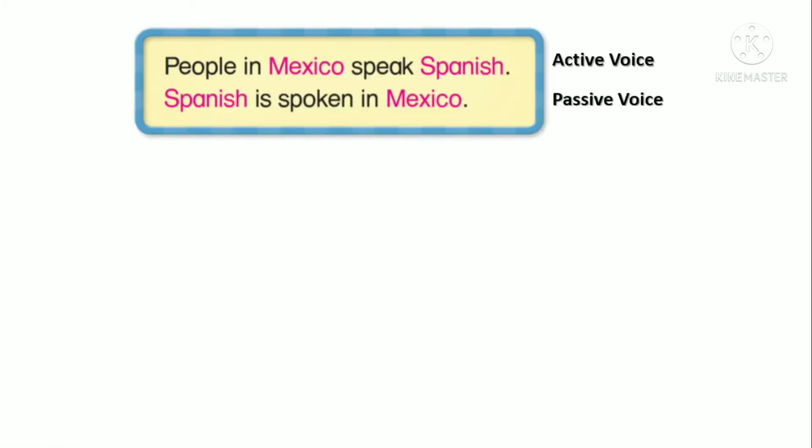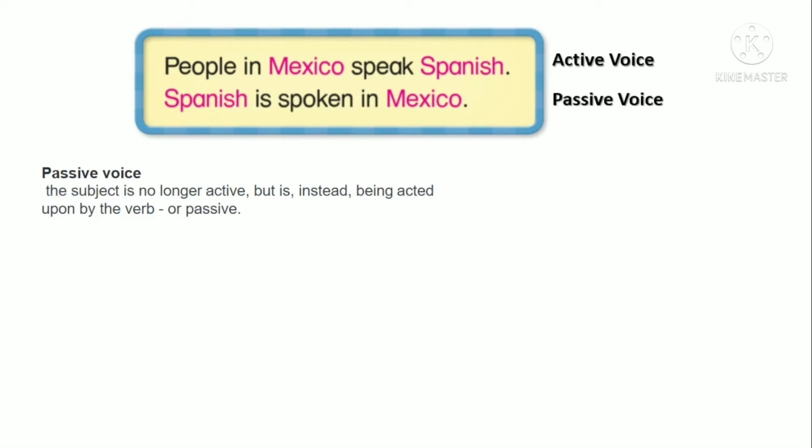Okay, now let's go to the second part of passive voice. When do I use passive voice? The subject is no longer active, but instead is being acted upon the verb. Or passive. Spanish is spoken in Mexico.